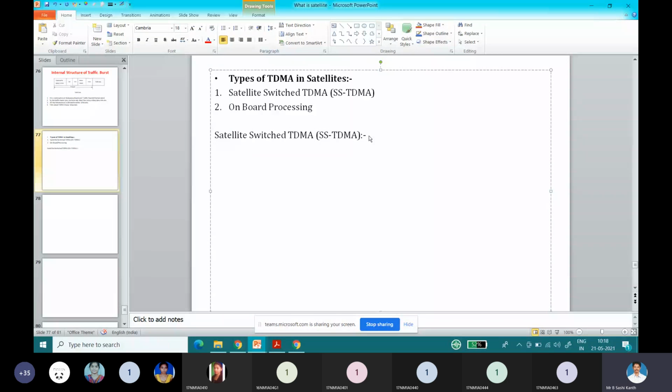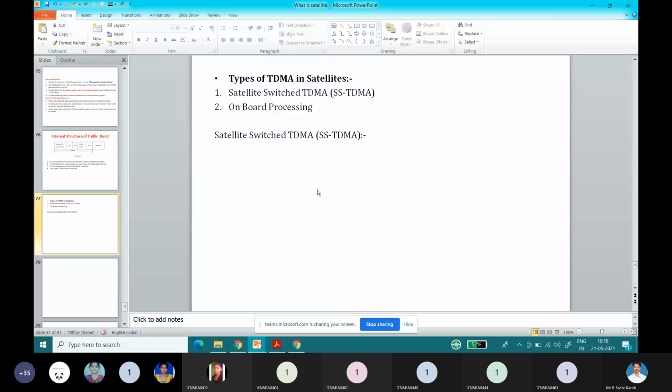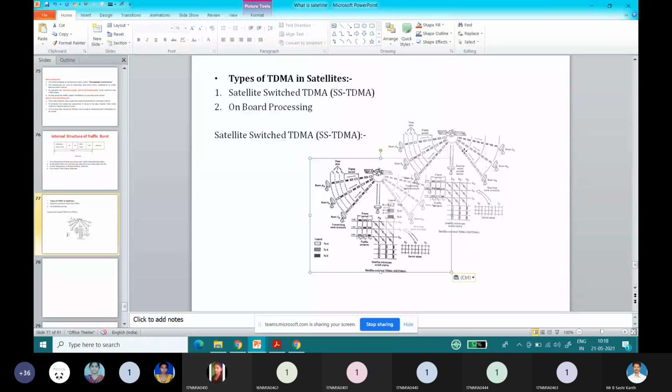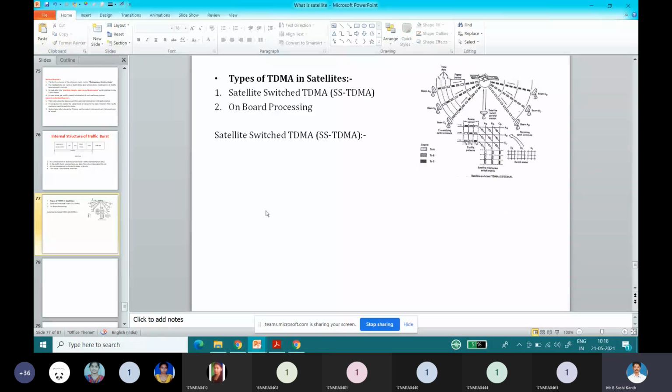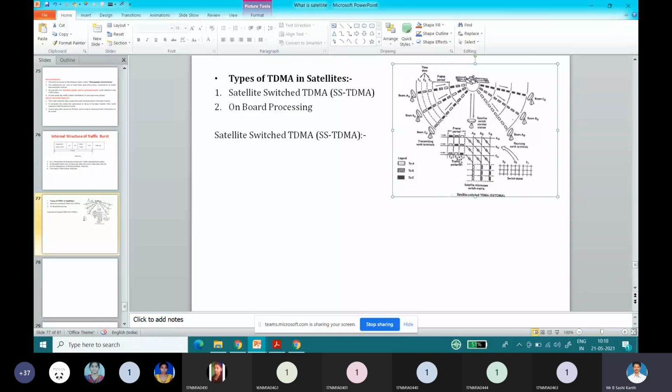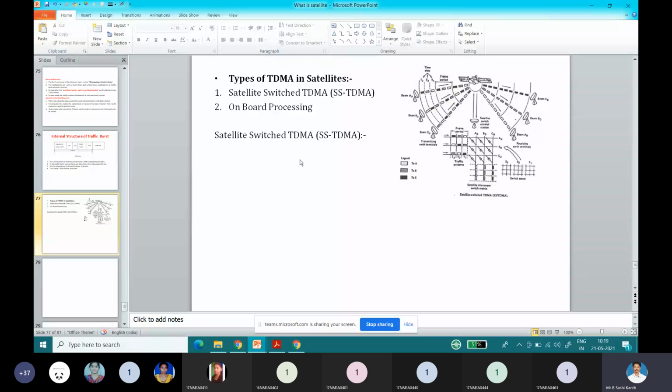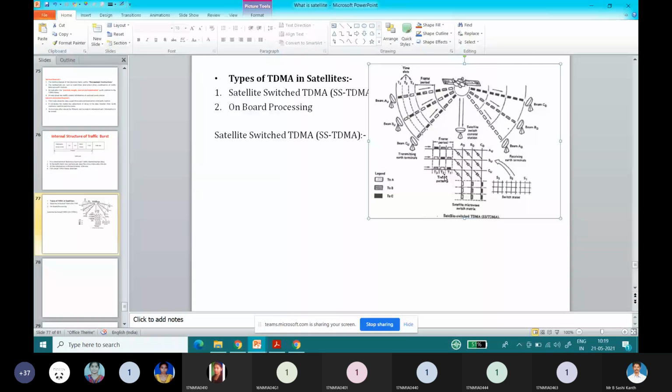Satellite switched TDMA. So when you go for this satellite switched TDMA, we can represent it in terms of a figure.